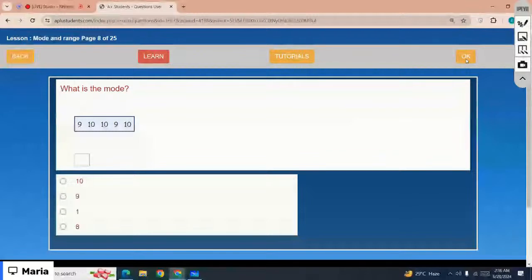Which is the correct option? Yes, the correct option is 10.